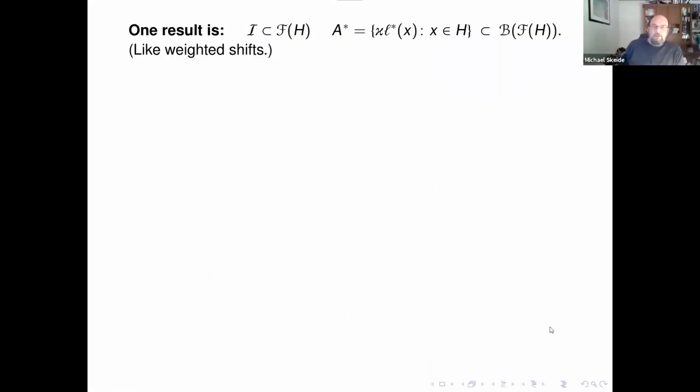One of our results about interacting Fock spaces is that they embed into a usual full Fock space. And the creators on this full Fock space are given by the usual creators on the full Fock space, modified, squeezed by some degree 0 operator. This reminds a bit of weighted shifts.